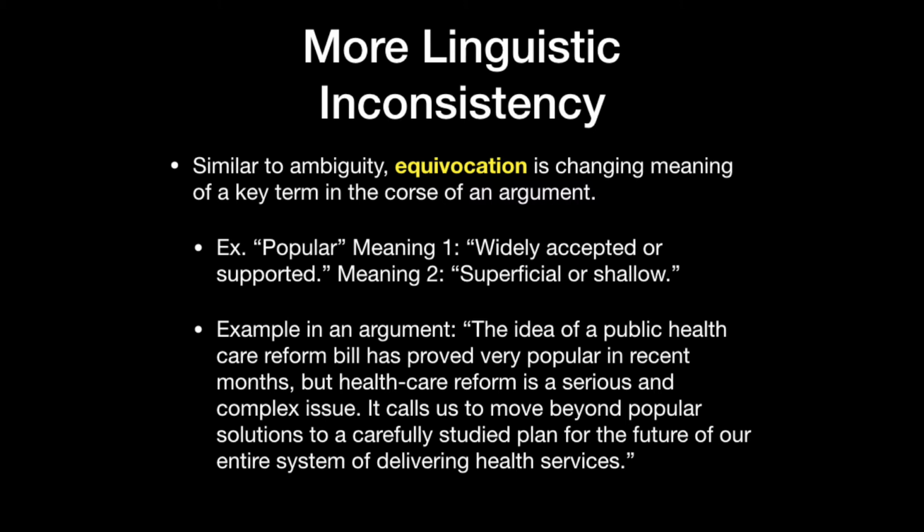The idea of a public health care reform bill has proved very popular in recent months. But health care reform is a serious and complex issue, and it calls us to move beyond popular solutions to a carefully studied plan for the future of our entire system of delivering health services.